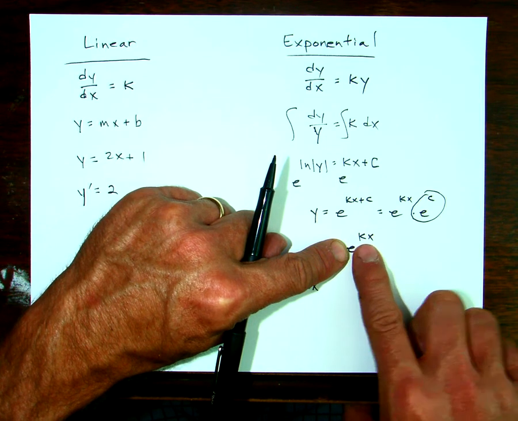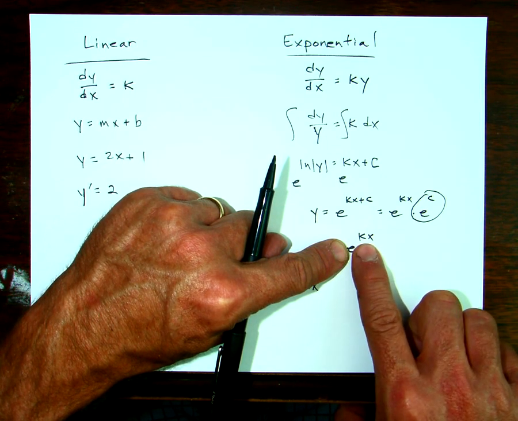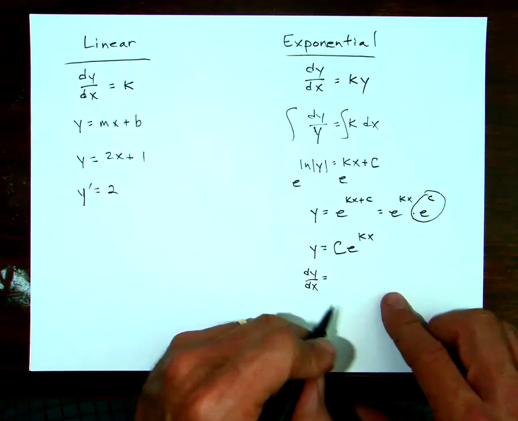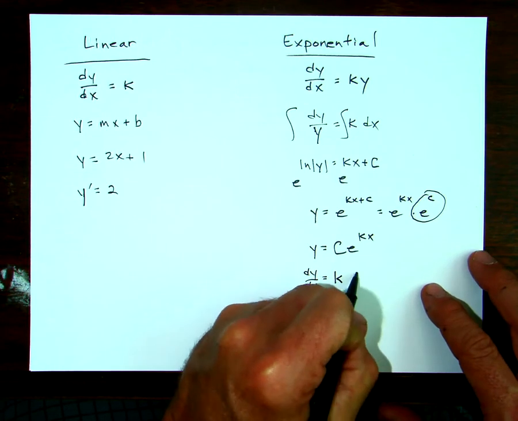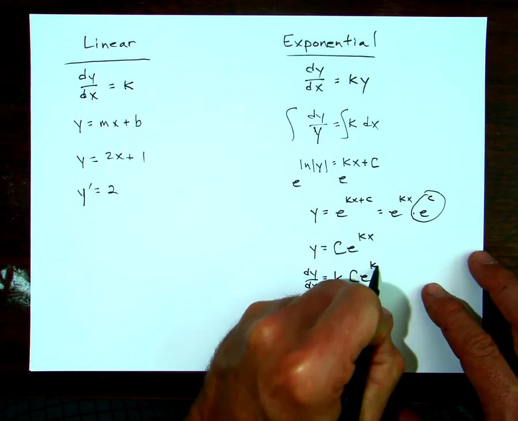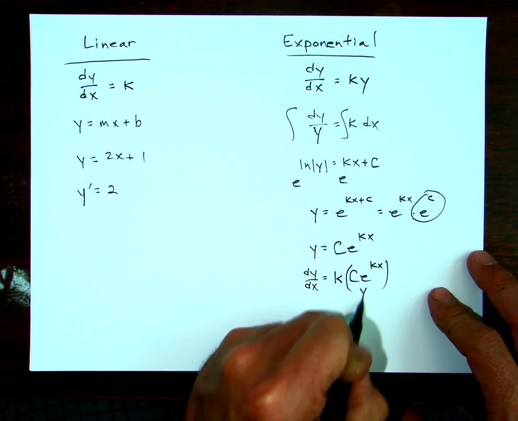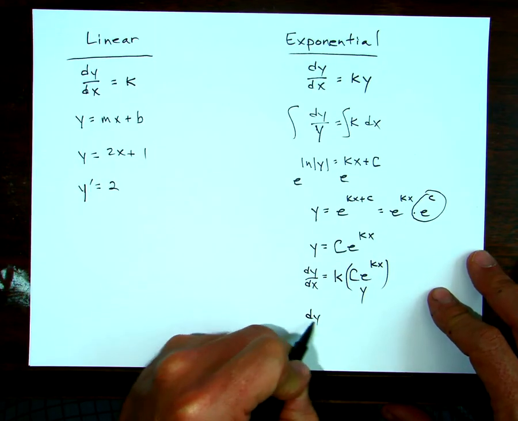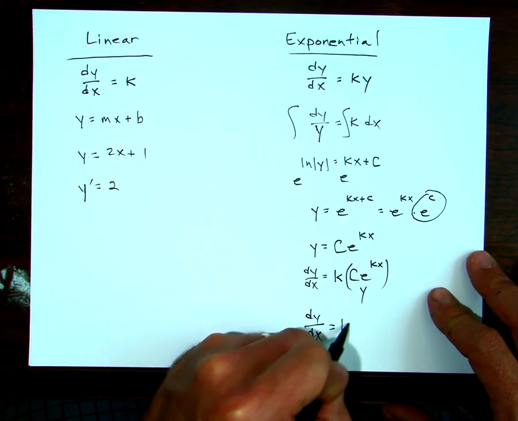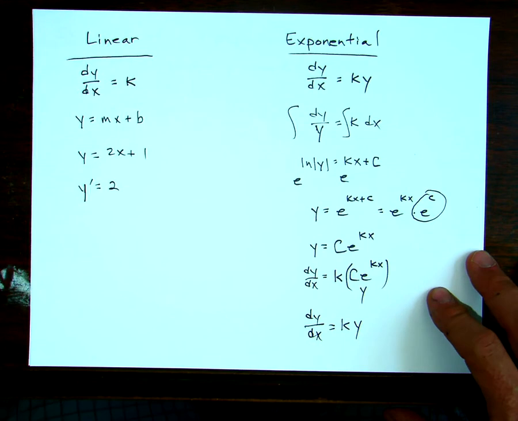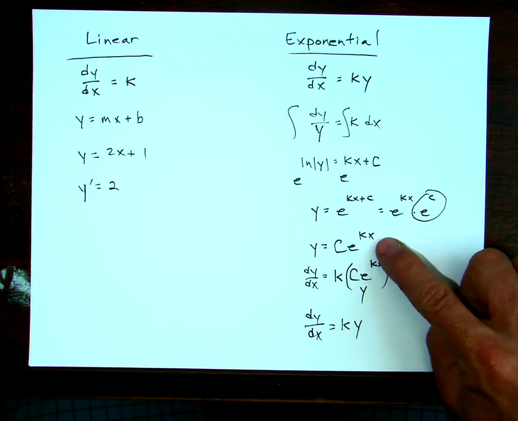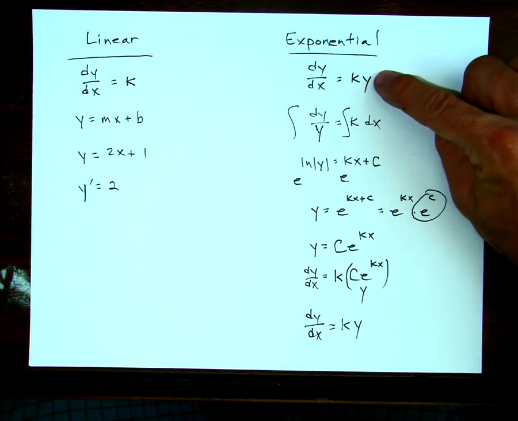Well, the derivative of kx is just k. So I end up with k times c e to the kx. But this is y. So we get dy dx equals ky.